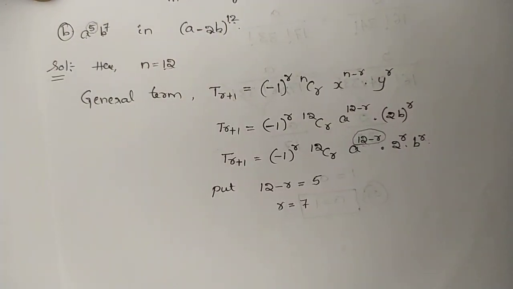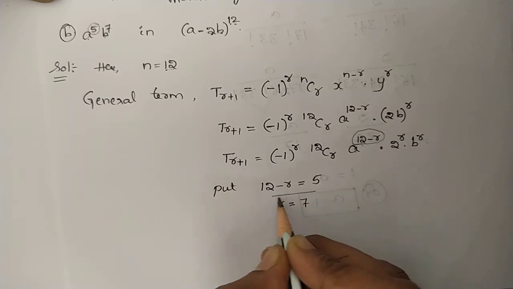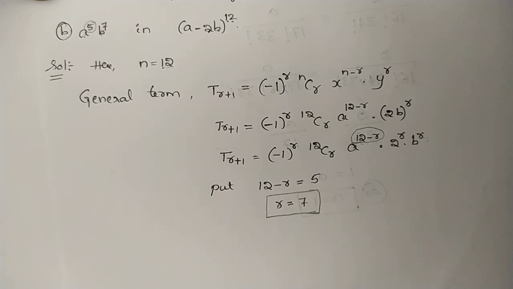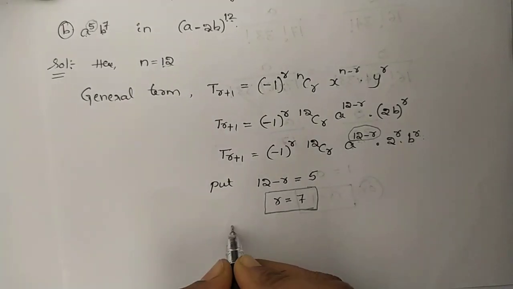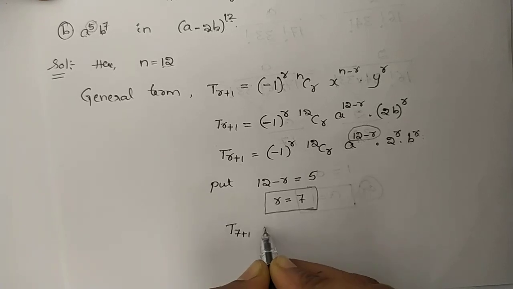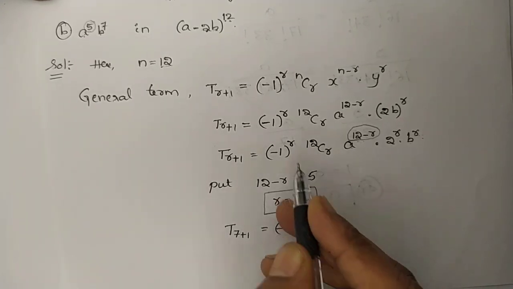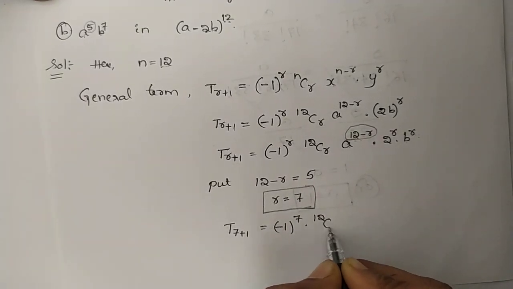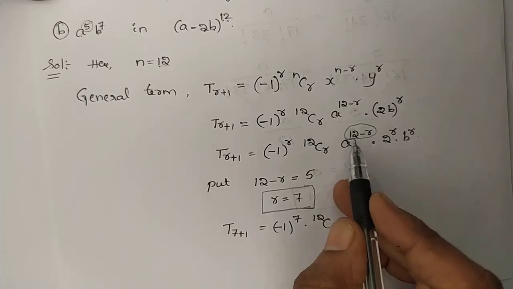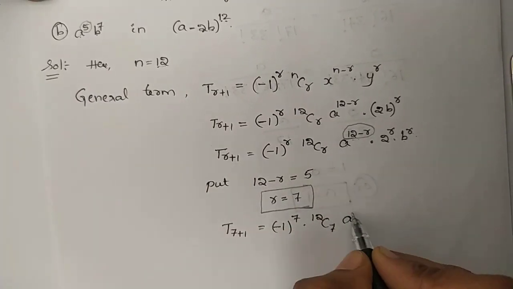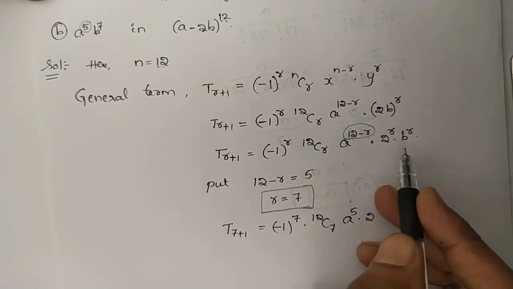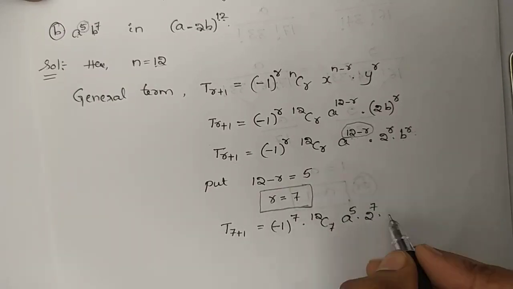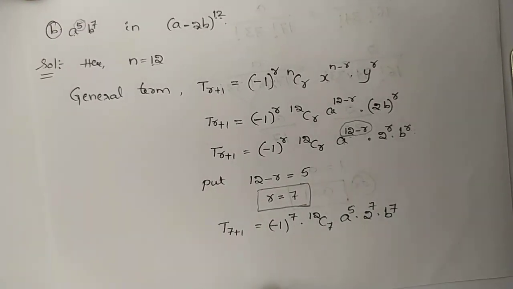Now you just substitute this r value in the general term. So T 7 plus 1 equals minus 1 whole power 7 into 12C7 into a power 12 minus r, which is 5, into 2 power 7 into b power 7.